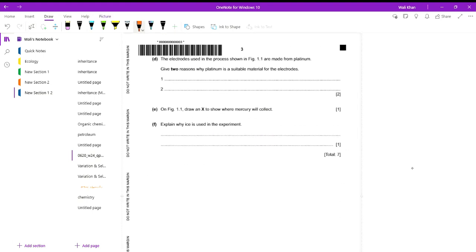The electrodes used in the process shown in the figure are made from platinum. Give two reasons why platinum is a suitable material for the electrode. One is very common, it conducts electricity.